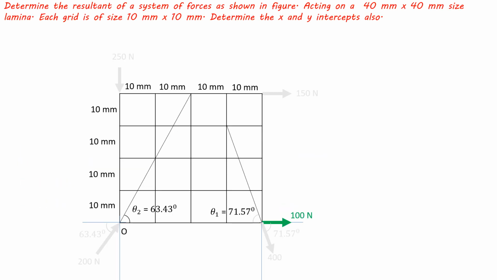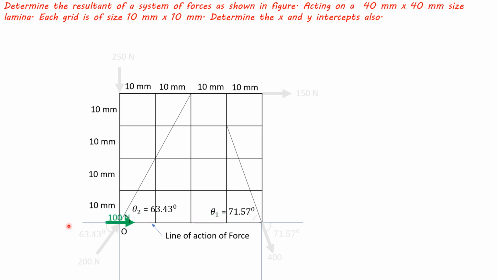Now to locate exact location of the resultant, we have to take moment of all force components about some point. Now say, let us consider point O as moment point. We are taking moment of forces about point O. Now for this force, say it is line of action of force, and this force will move along line of action of force like this.